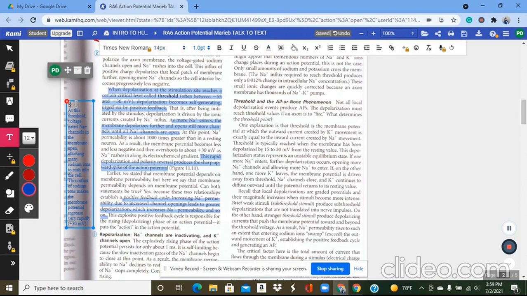This is basically a short summary of the text here.